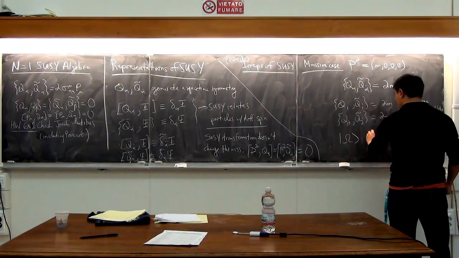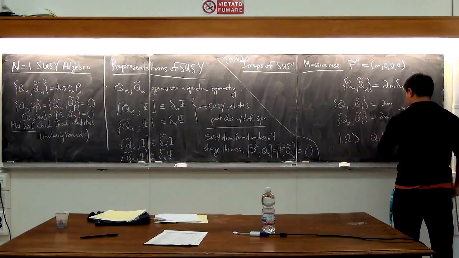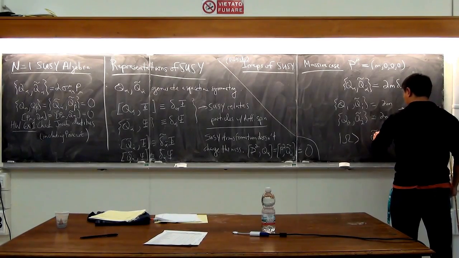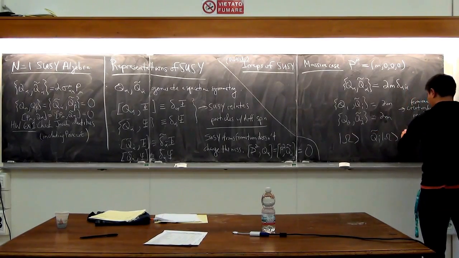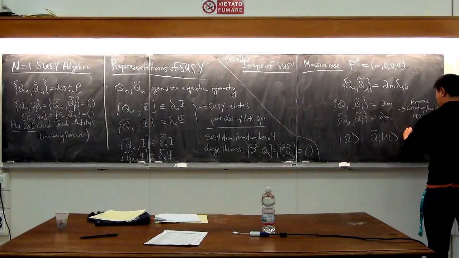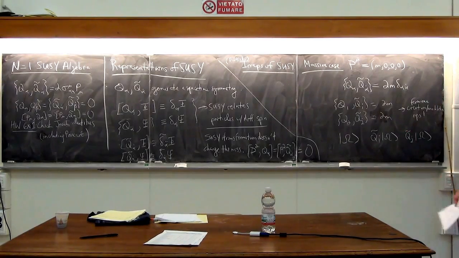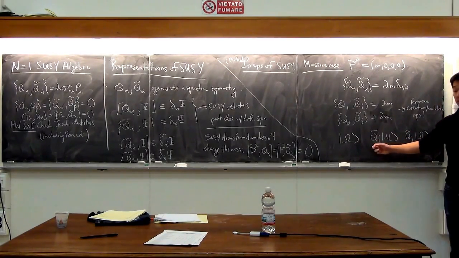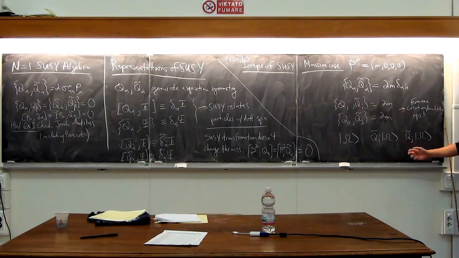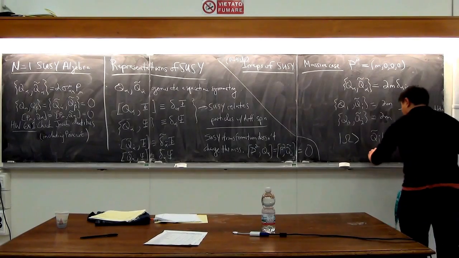So we start with the vacuum, and we hit it with one creation operator, or with the other one. I can't act with this twice, that would give me 0, or this twice, that would give me 0. At most I can do this one and then this one.